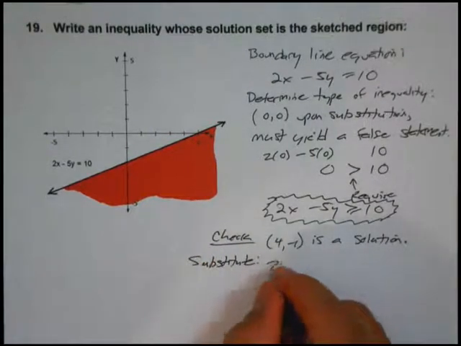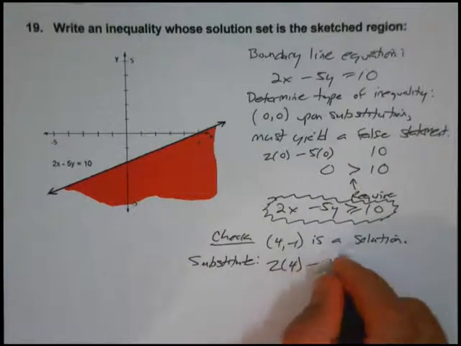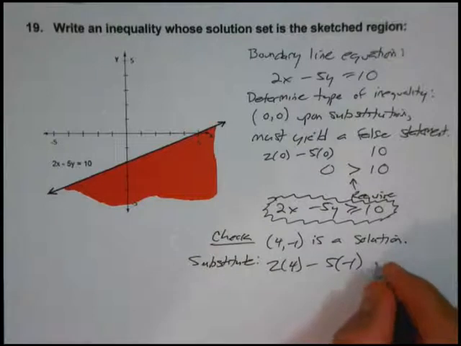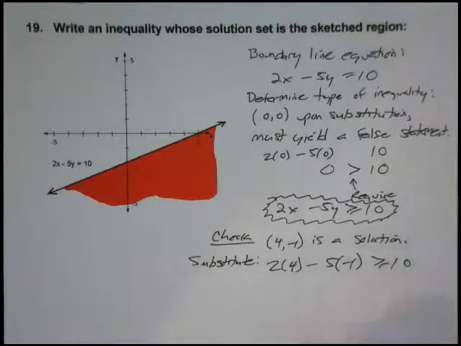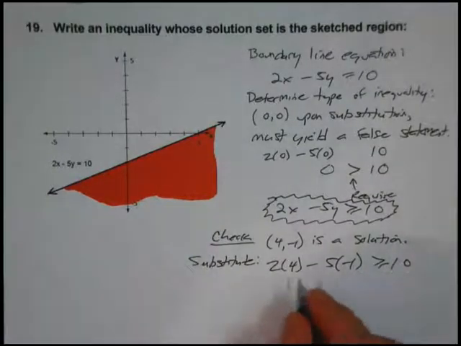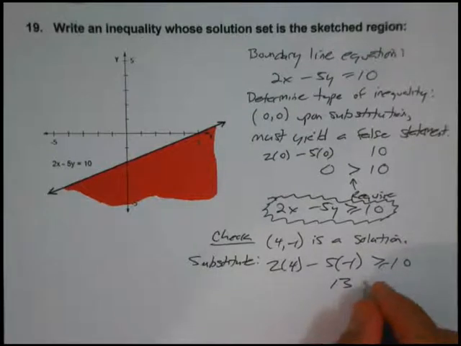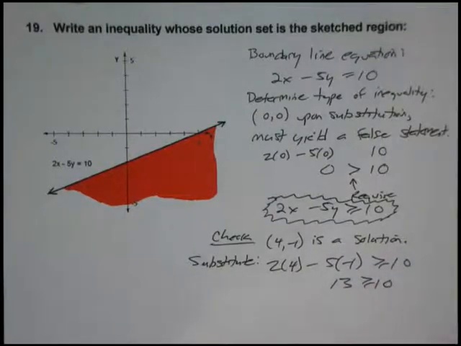This would be 2 times 4 minus 5 times negative 1, and the inequality is greater than or equal to 10. Let's simplify this side here. 2 times 4 is 8, minus a negative, that's plus 5. That's 13. How about 13 being greater than or equal to 10? That's true. And that's just what we expect to see by choosing a point which is a solution. Upon substitution, it should make the inequality true. It does. This looks pretty good.